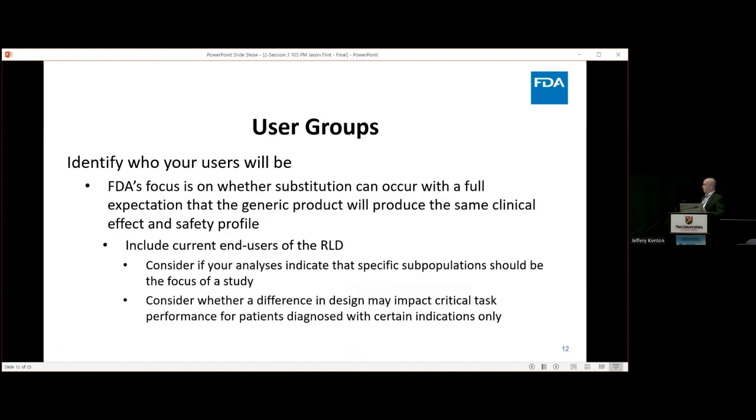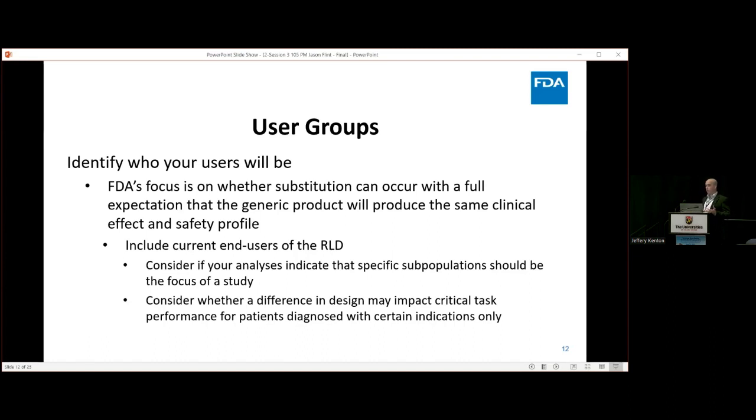So for user groups, the focus is going to be on whether substitution can occur with a full expectation that the generic product produces the same clinical effect and safety profile. So you want to include current users of the reference listed drug, and you should consider if your analyses indicate that specific subpopulation should be the focus of a study. And so you may see this in cases where I have multiple patient populations that are being treated by the same medication.